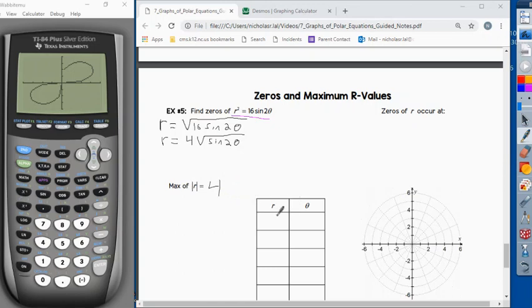So if R is 0, theta is 0. Let's graph this in our calculator. Let's do our delta table. That is going to be equal to pi over 12, and pi over 12 is approximately equal to 0.2618.